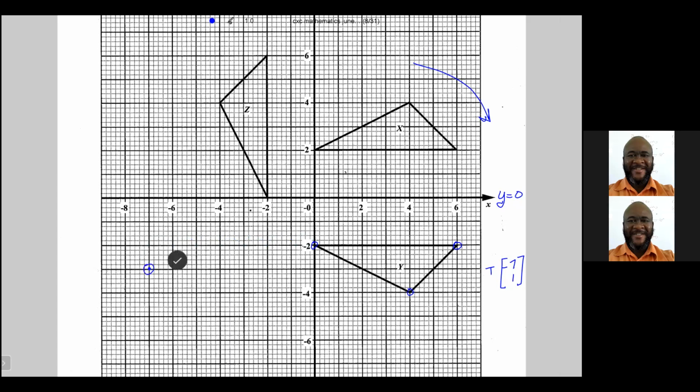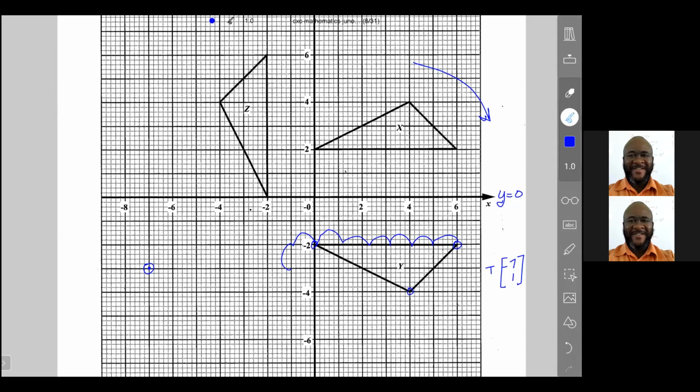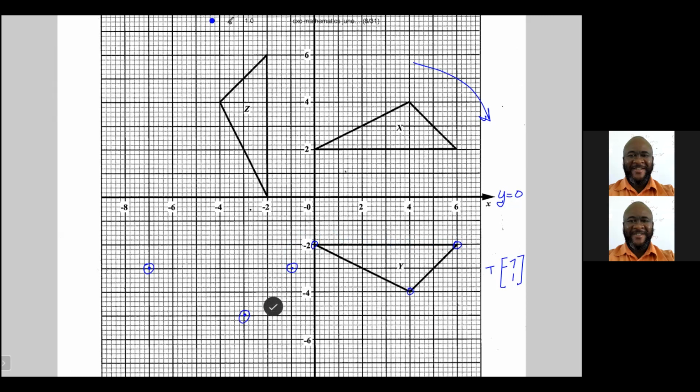So this is my new position. All of them are going to move the same distance, the same direction. 1, 2, 3, 4, 5, 6, 7, 1. That's the new position of the next vertex, so that is -1, -3. And the third one should end up here. Move it 7 units to the left and 1 unit down.